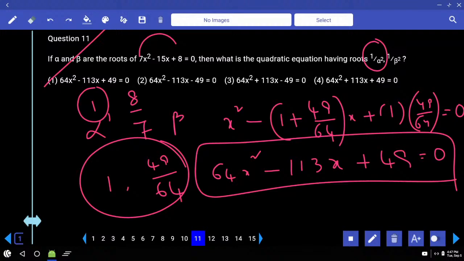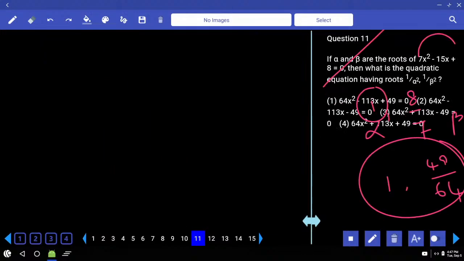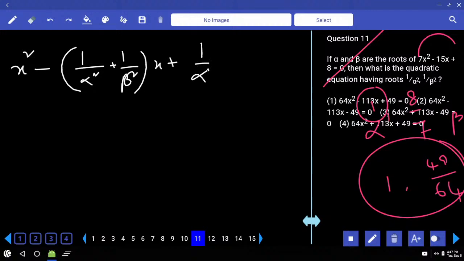If you are unable to find the values of alpha and beta, then what to do? First of all, the new equation will be x square minus (1 by alpha square plus 1 by beta square) into x plus 1 by alpha square into 1 by beta square, isn't it?